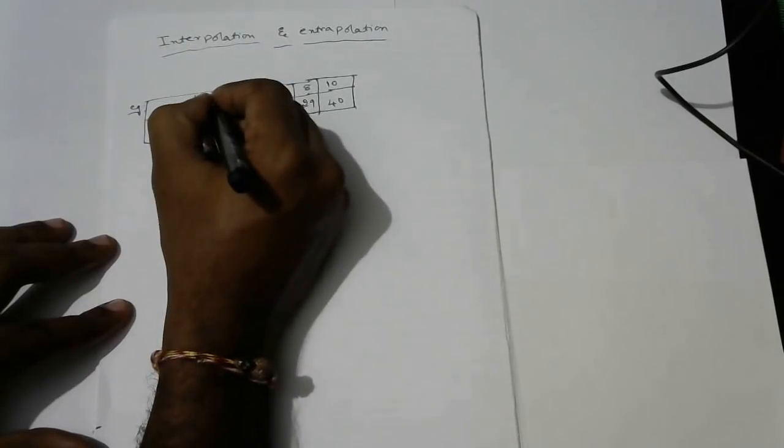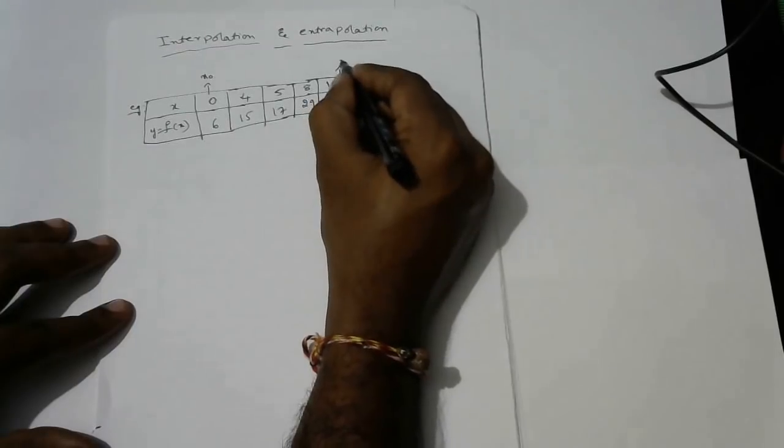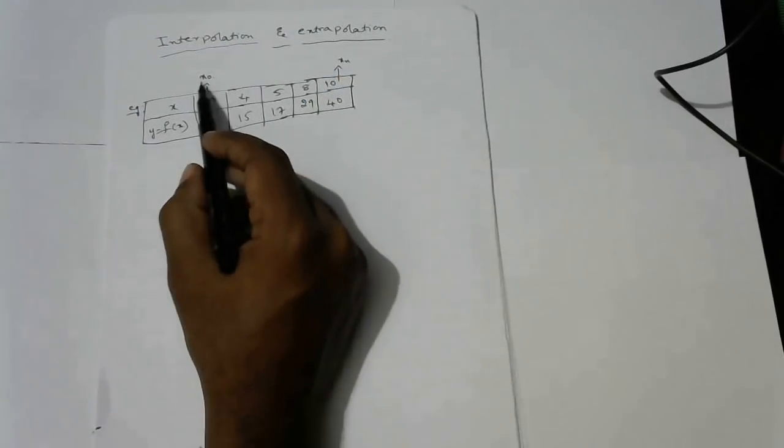Here I call the first term x naught and the last term xn.